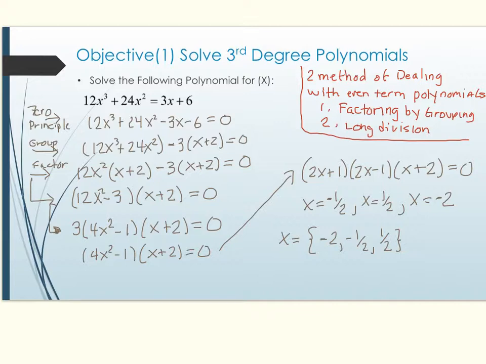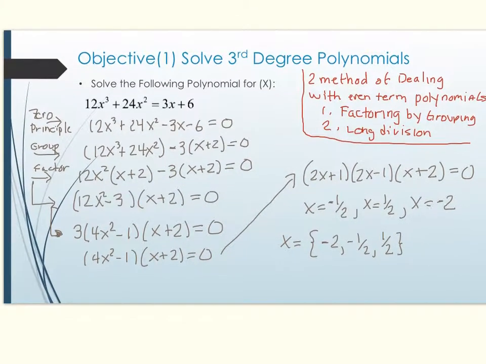We're going to take out a 12x squared from the first term, and when we do that we end up with an x plus 2, and then we leave the second term alone, which is 3 parentheses x plus 2.